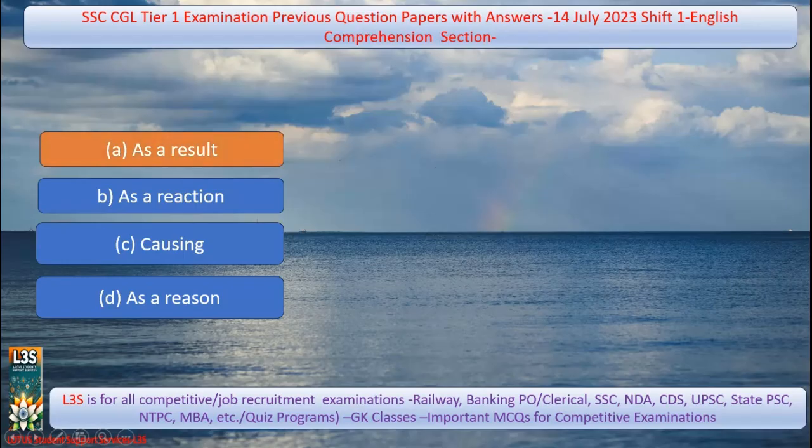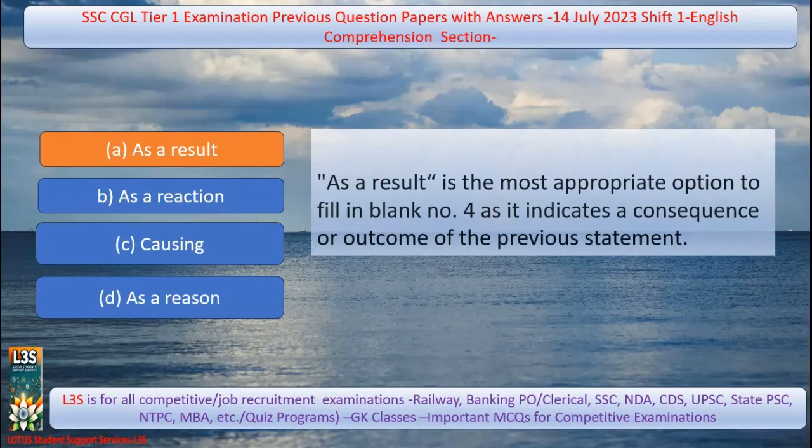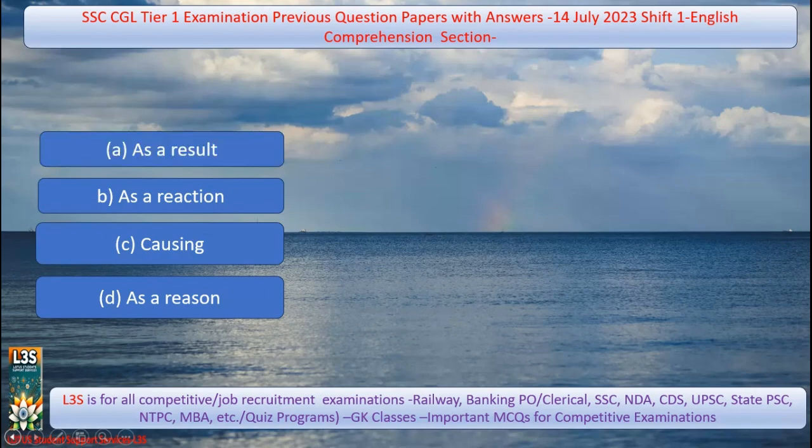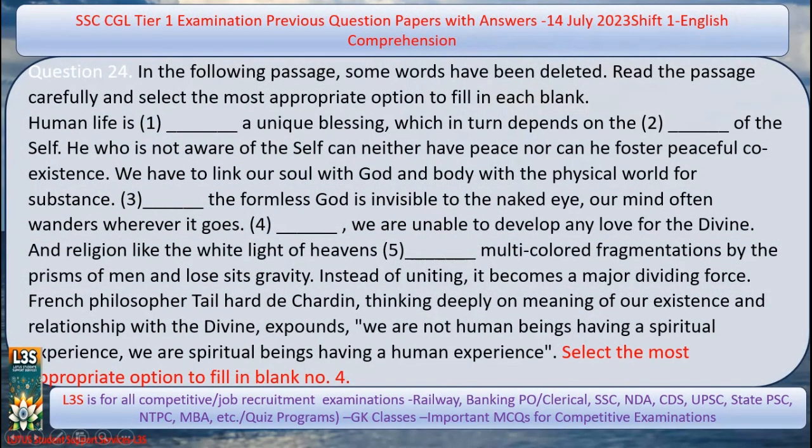So the correct option is as a result. As a result is the most appropriate option as it indicates a consequence or outcome of the previous statement. See the full sentence: as a result, we are unable to develop any love for the divine.